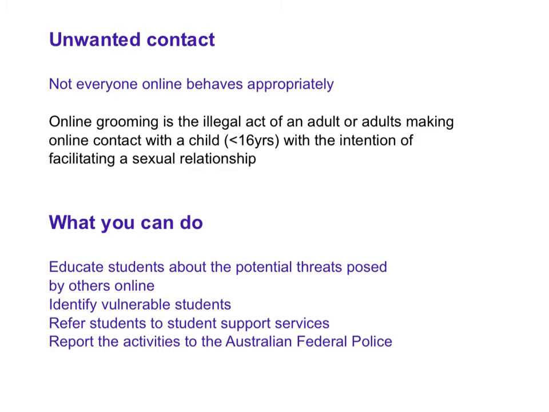And these are students who might be behaving in a more inappropriate way offline, as a way of playing out what they're doing in an online space. Refer students who are being groomed to appropriate student support services, and report the activities to the Australian Federal Police, who have jurisdiction in this area.